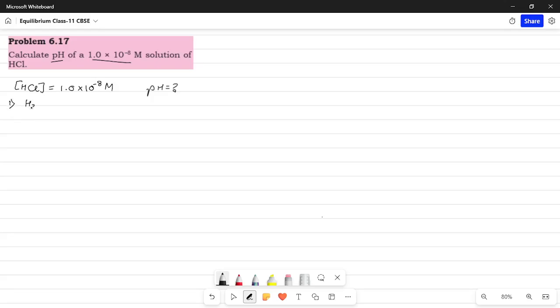The first one is obviously going to be the water. So H2O plus H2O gives rise to H3O plus and OH minus. That is source number 1. Source number 2 is HCl plus H2O gives rise to H3O plus and Cl minus.